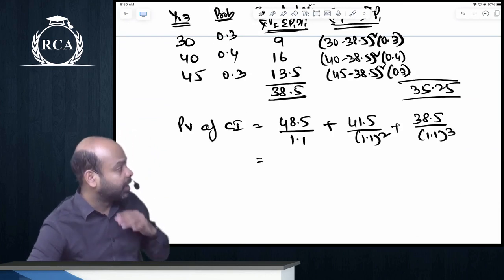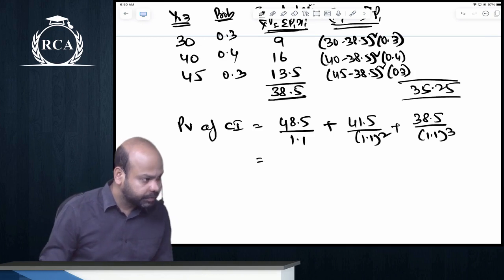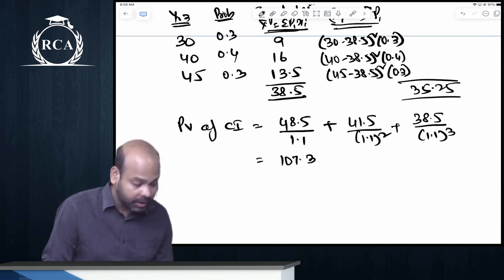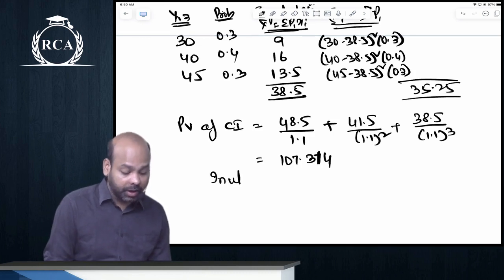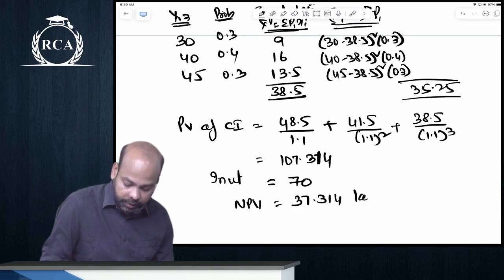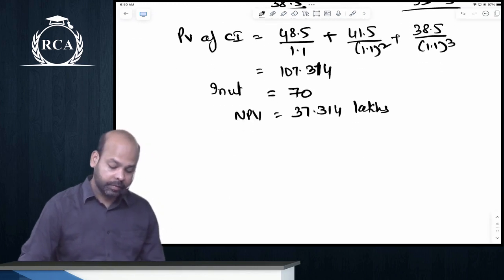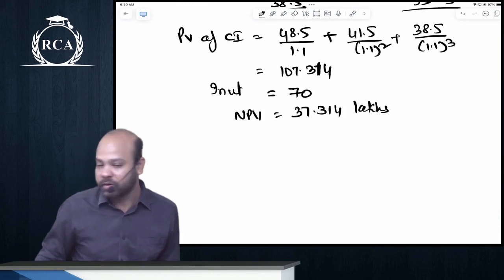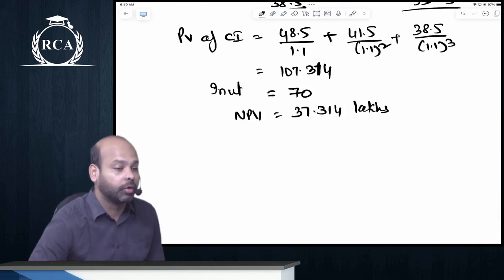This will be the present value of cash inflows. 107.314. What is the amount of initial investment that you have made beta? 70 lakhs. Therefore NPV beta will be 37.314 lakhs. NPV guys is 37.314 lakhs.